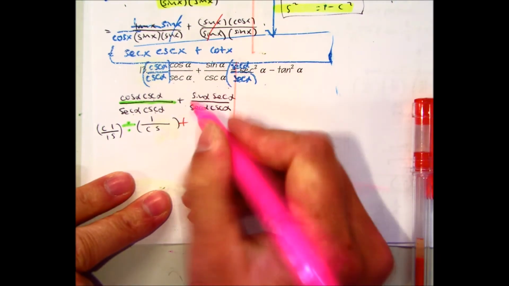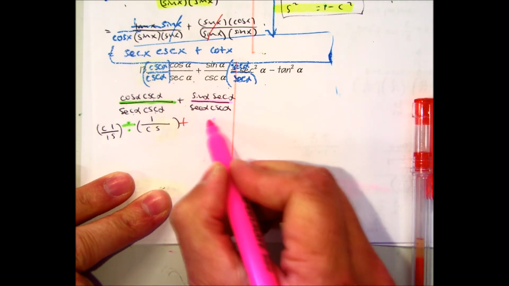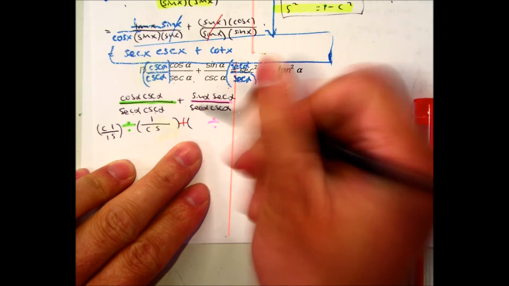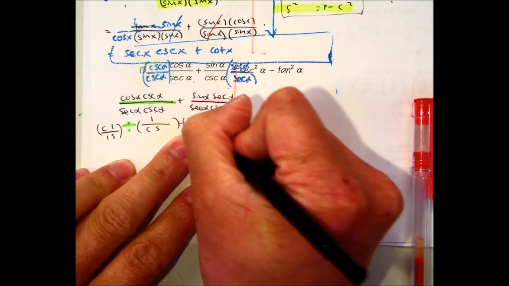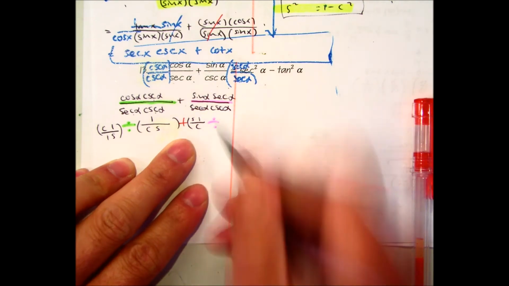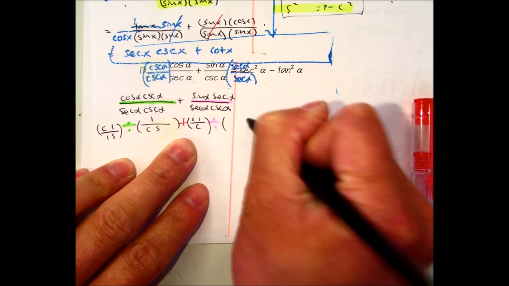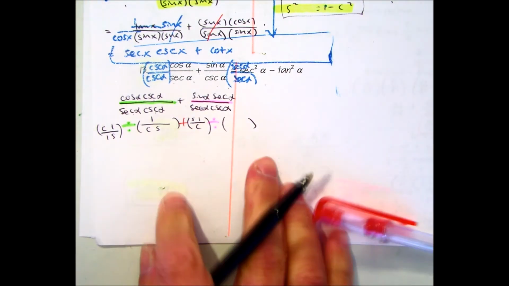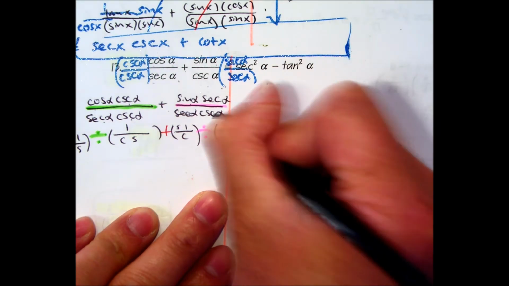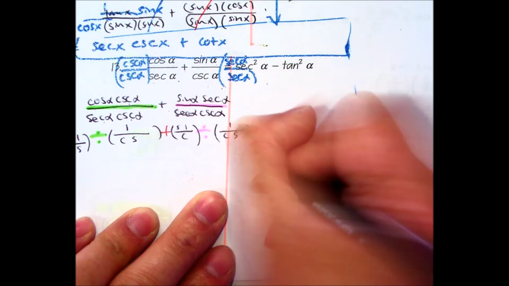And then on this side, I have sine, and secant is 1 over cosine. And that's divided by, same thing, secant is 1 over cosine, and cosecant is 1 over sine.